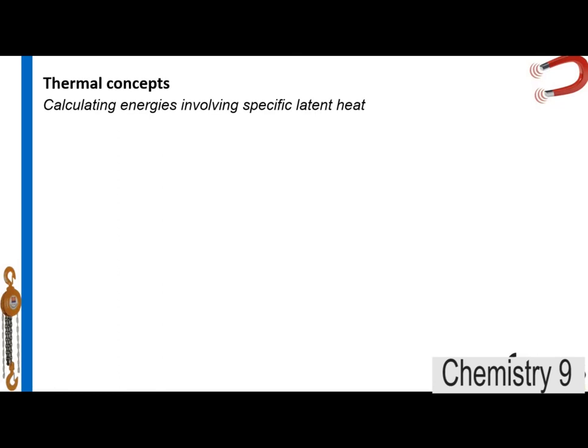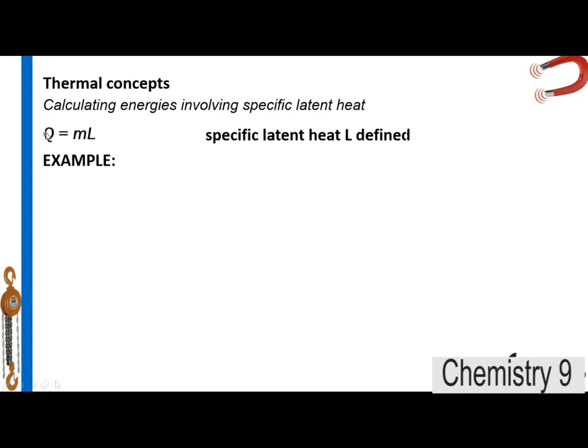Now, we can use a number of techniques or methods to calculate energies involving specific latent heat. And we've come across this in the previous slide, that the specific latent heat, L, is defined by this equation here.